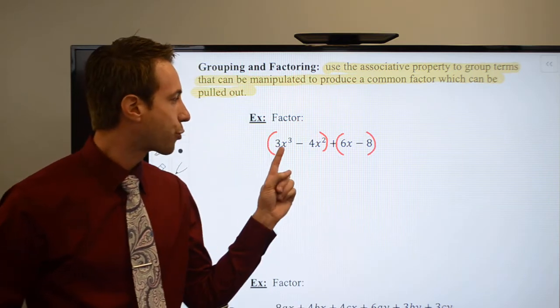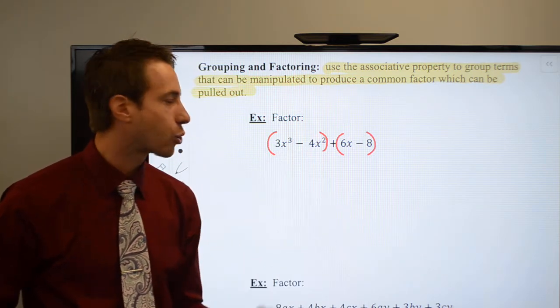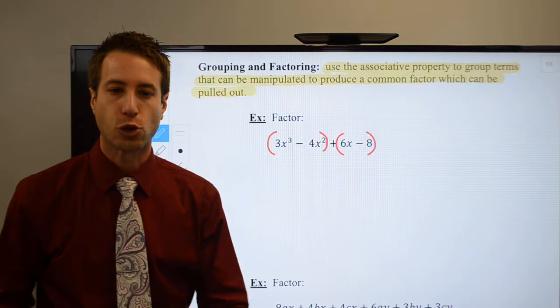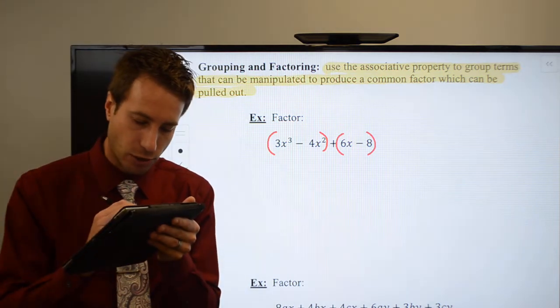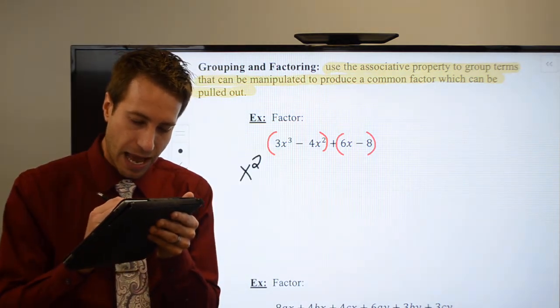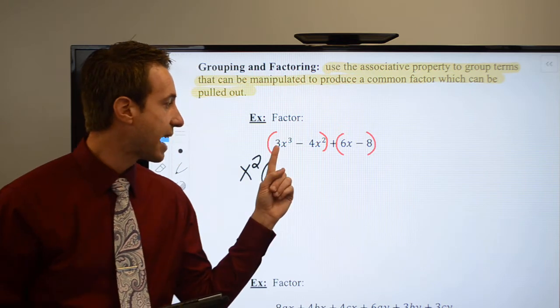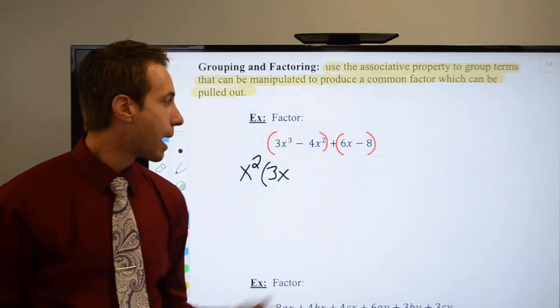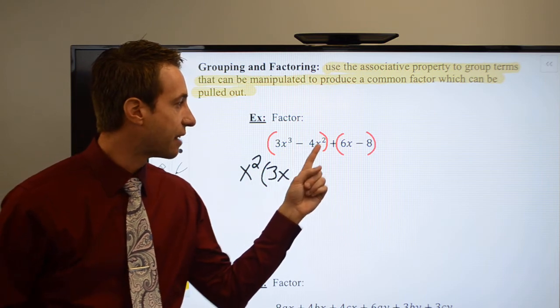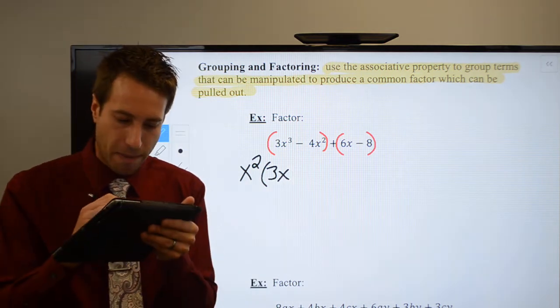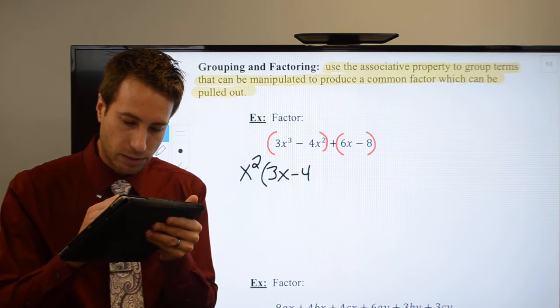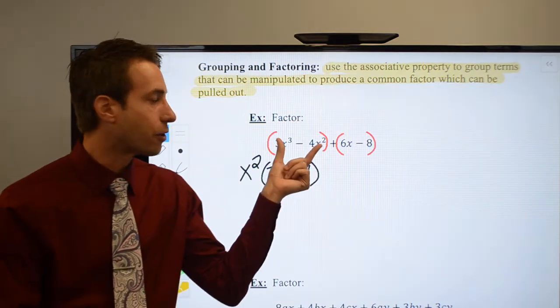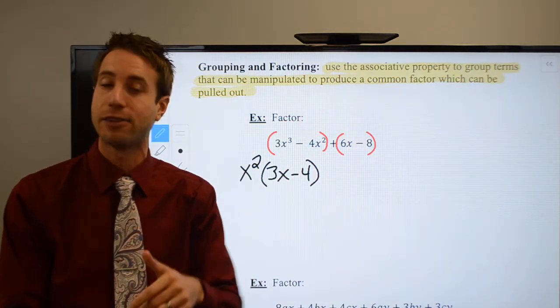I recognize that 3x to the third and negative 4x squared, I can pull an x squared out of both of those terms. So I'll pull an x squared out, and what's left would be a 3x. When I pull an x squared out of a negative 4x squared, I'm left with a minus 4. So I grouped the first 2 terms together because they have a GCF.